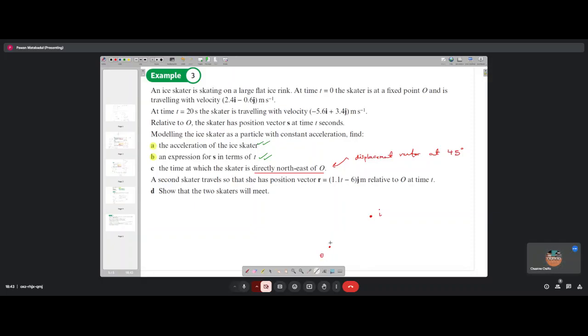So if you imagine drawing a north from this point, if you were to imagine a displacement vector that's northeast, so northeast, so that's east. Notice that's 45 degrees. You see what I'm saying there? So have a think about how you might approach that one, and I'll give you a hint. Try and use your answer to part B to help you.